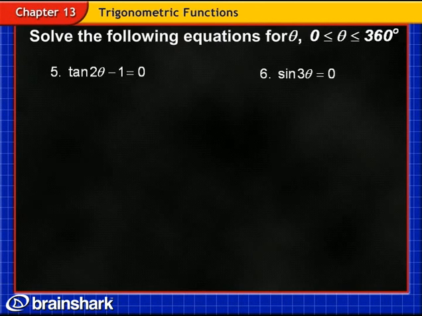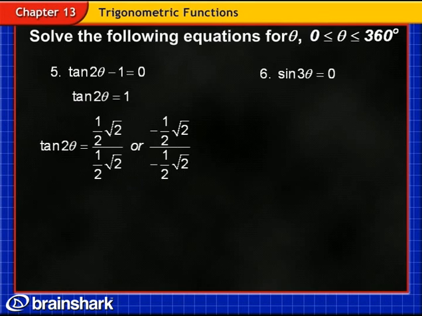So the first thing we're going to do is add 1. And again here we've got to think about tangent and what could we have on the top and bottom so that everything would cancel out. In this case, that's got to be the 1/2 square root of 2. That's the only place where both x and y are the same.